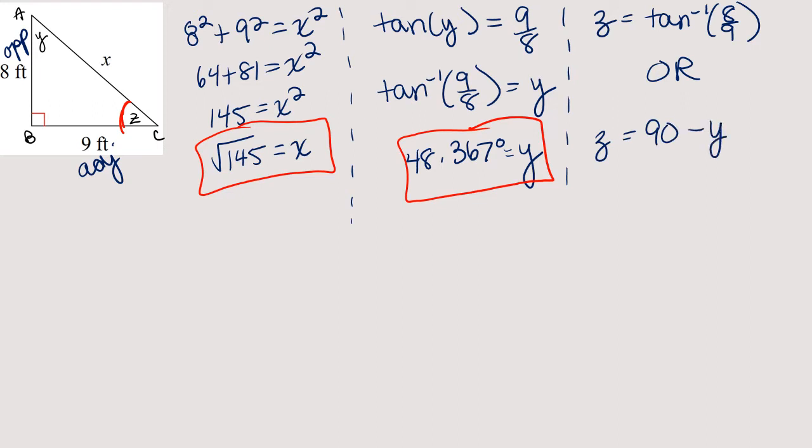Because y and z form the non-right angles of the right triangle, they have to be complementary. So if we do that, either way, we will get 41.634, rounding to the nearest thousandth.